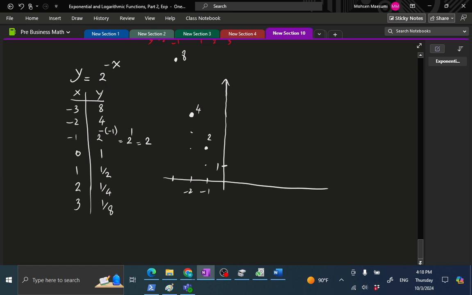As we march forward, every time we are being reduced by half, 1/2, 1/4, and 1, 2, 3. Finally, we have 1/8. If you connect these to each other, that's a graph of 2 to the power of -x.